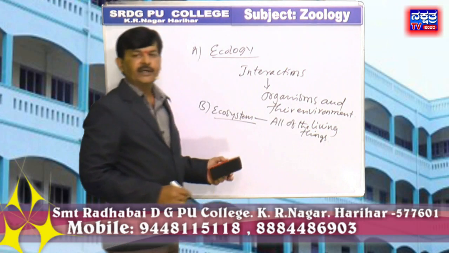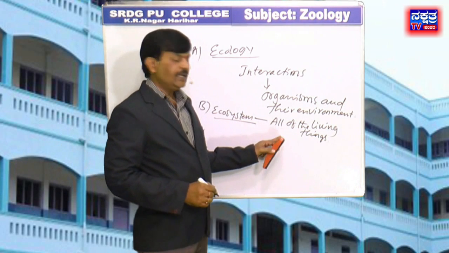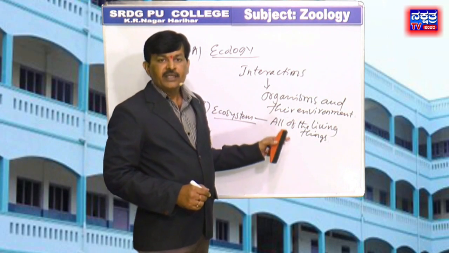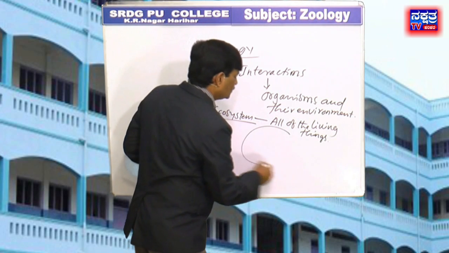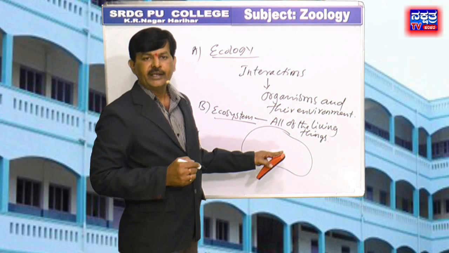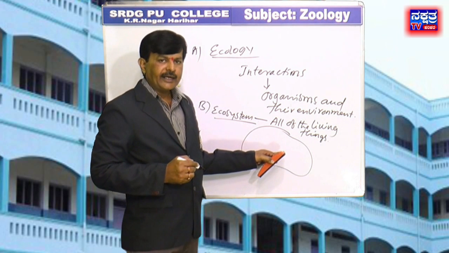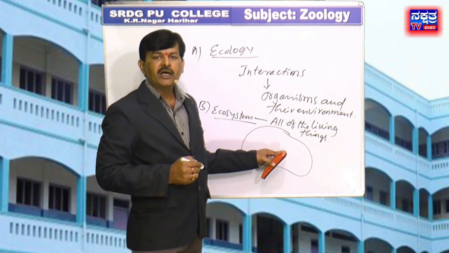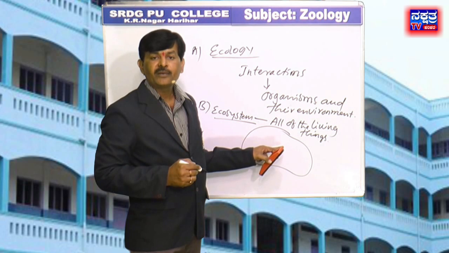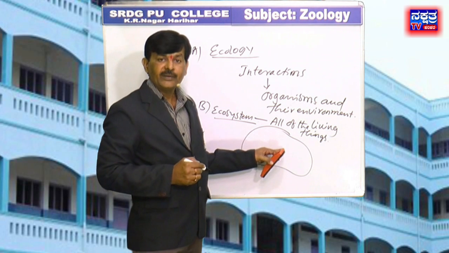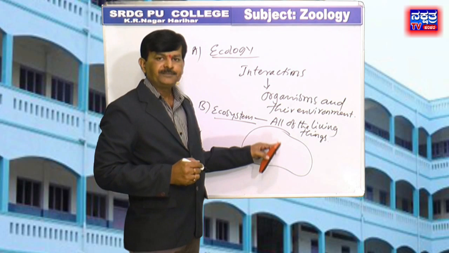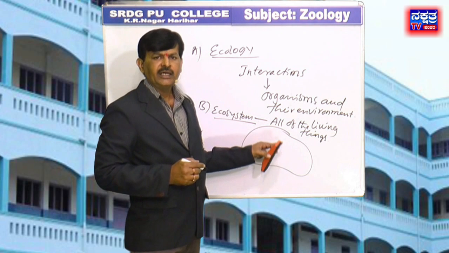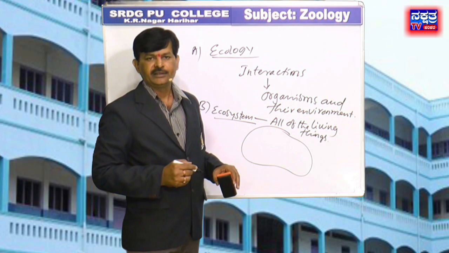Living things are nothing but plants, animals, organisms, in a particular given area, interacting with each other and also with their non-living environments. Non-living environments means weather, sun, soil, climate, atmosphere.